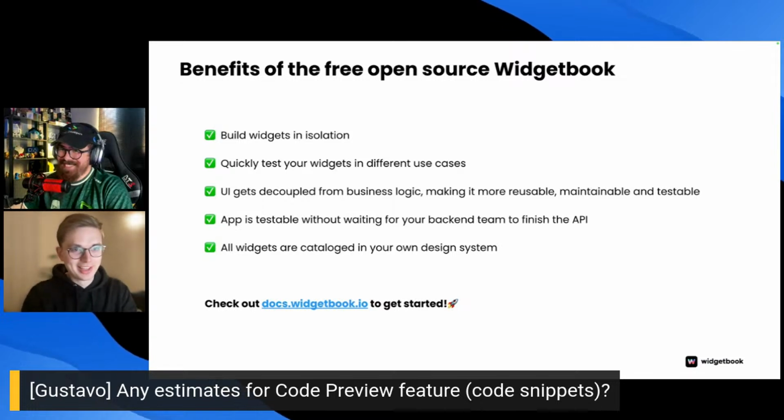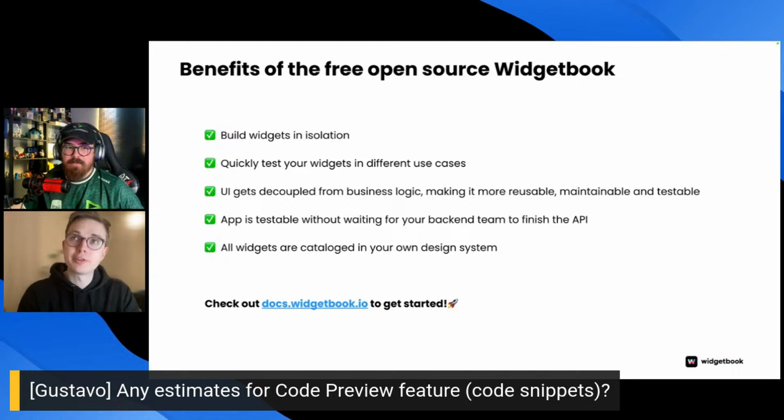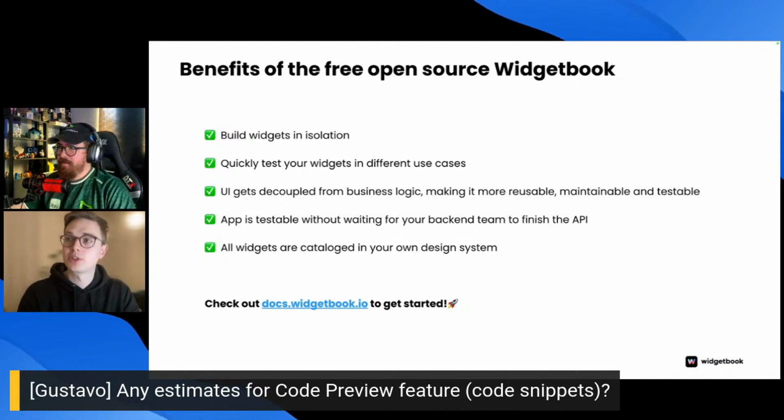And I'm happy to share that we are working on it already. It's difficult at this point in time to give you an estimate because we are still validating with our users what code do our users exactly want to see and where in the UI should we position it.